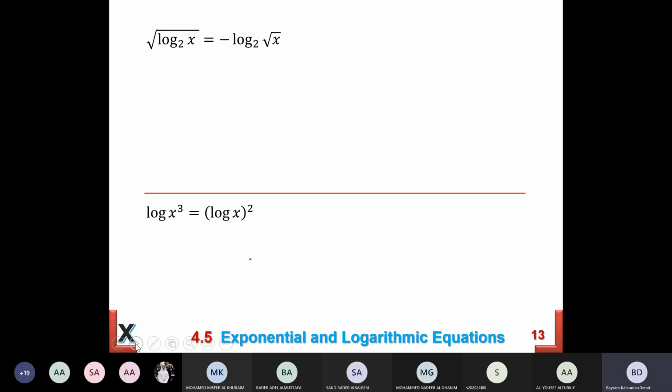So, of course, we need to remember the root of x is just x to the power of half, right? And you know that if you have x to the power of half, that comes to just behind the logarithm. And you just need to write negative half times logarithm of x. All right, is this clear?